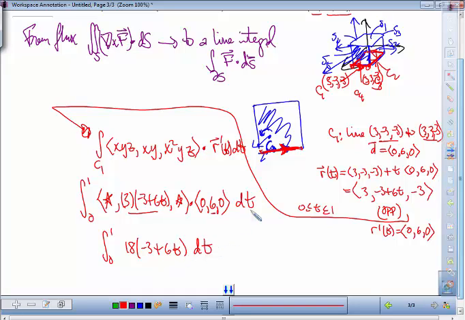This looks like an easy enough integral. And if you go through the rest of the curves, C2, C3, and C4, you'll tediously end up with the same sort of integrals that look like they're just as easy to work with. Okay? The only thing about this is that it's tedious, right? We have to go through 4 things.